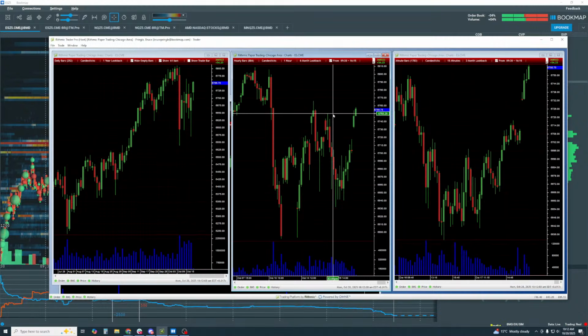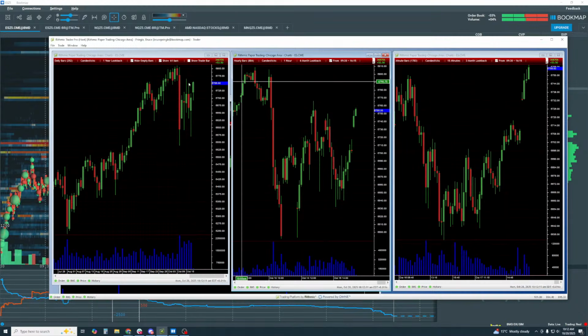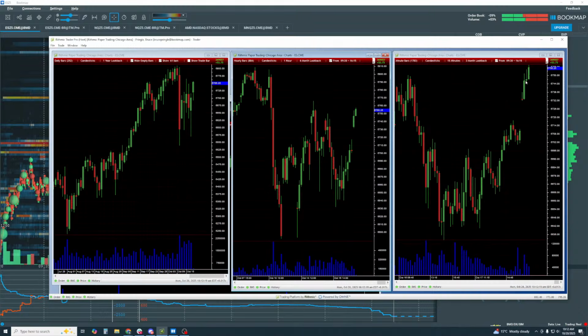These are key levels on the hourly, on the daily, on the 15-minute. On the 15-minute you can see this big, huge doji, like a shooting star, but we're still going higher. We're back up. So still looking for that to continue until we see something else.